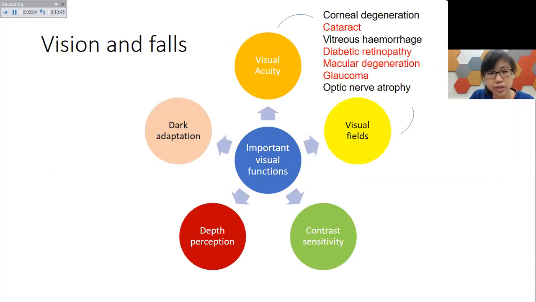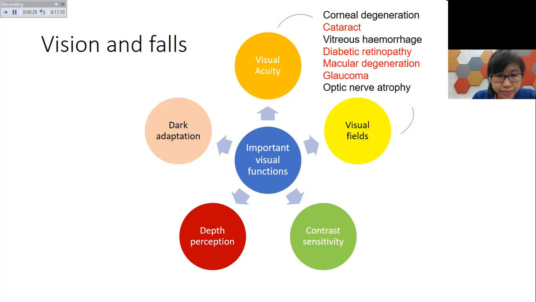These are the important visual functions where, if compromised, increases the risk of falls, such as visual acuity and visual fields that tend to be compromised in the following medical conditions of corneal degeneration, cataract, vitreous hemorrhage, diabetic retinopathy, macular degeneration, and glaucoma.